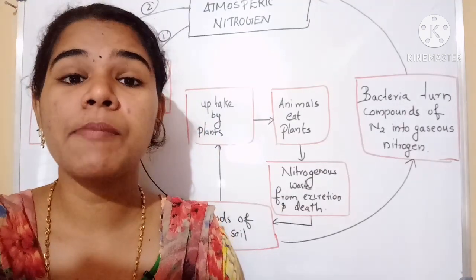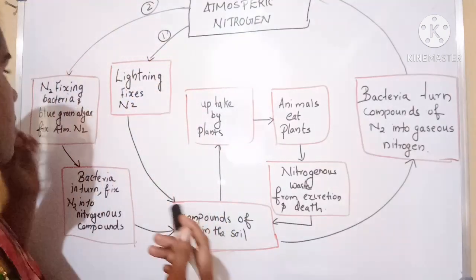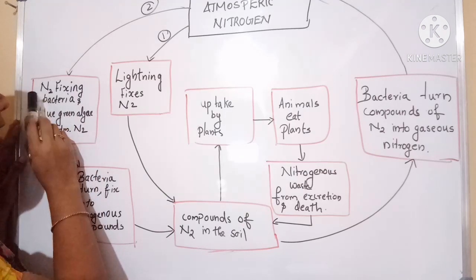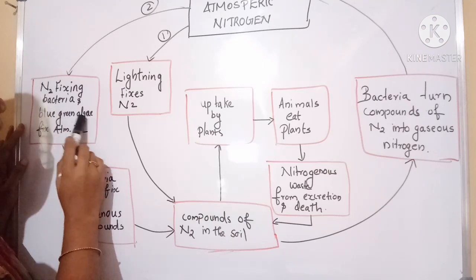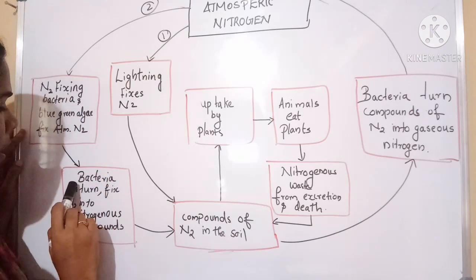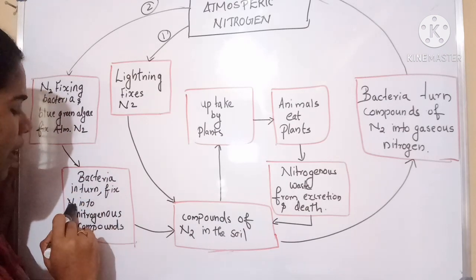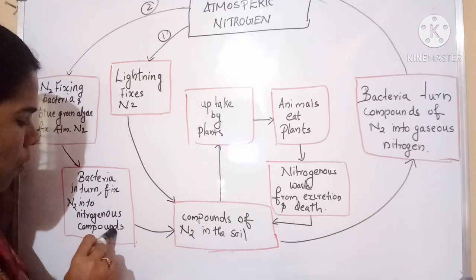One example is blue-green algae. So the nitrogen fixing bacteria and blue-green algae fix atmospheric nitrogen into nitrogenous compounds.